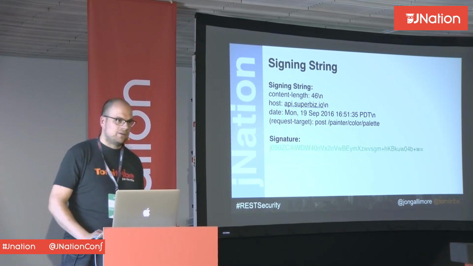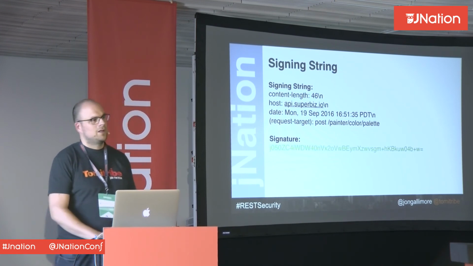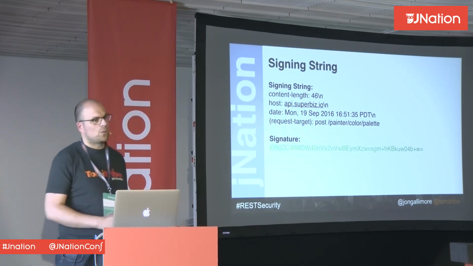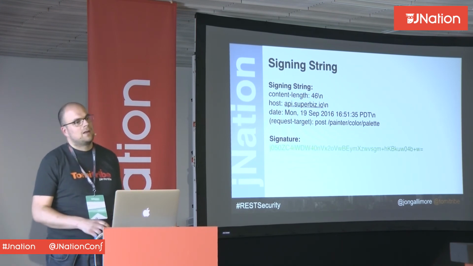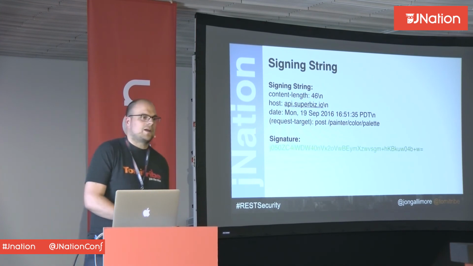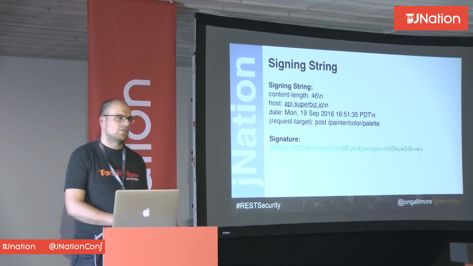One of the key things here is that the client is choosing what to sign and not the server. But the server does have the opportunity to sort of veto all of this information. So the server can come back and say, actually, you didn't sign these headers that I expected to be included in the signature, so your request isn't valid.